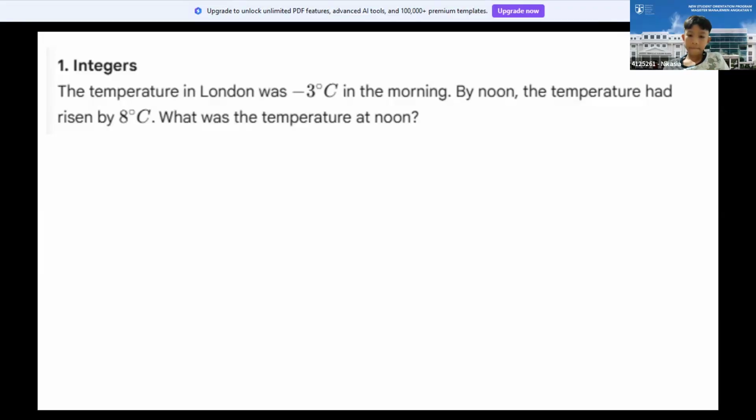Okay, please do this question. What is the answer? 5 degrees. Why is the result 5 degrees? Because -3 minus 8 is equal to 5. -3. Oh, okay, wait.